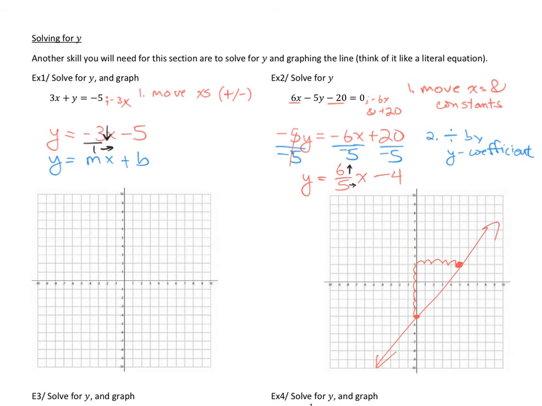But before we do any of that movement, we first have to plot this value. This is the y-intercept, this negative 5. This is not the last time we will deal with this y-intercept idea. You will see it very soon. So I know I've got to come down here to negative 5 and put my point.